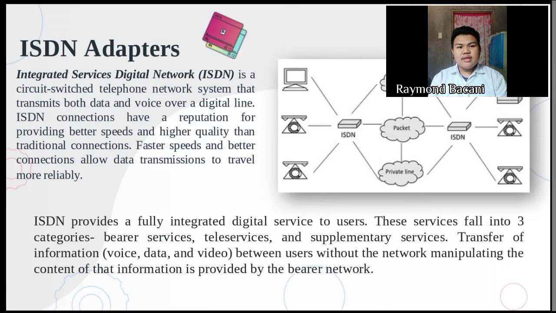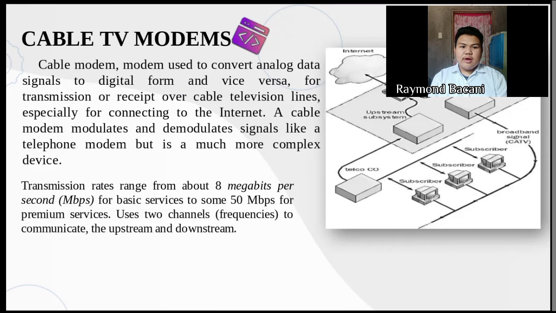To use ISDN, you need a device called an ISDN terminal adapter or ISDN adapter. ISDN adapters are available as add-in expansion cards that are installed into your PC computers, or external devices that connect to the serial interfaces of PC systems or modules in a router.